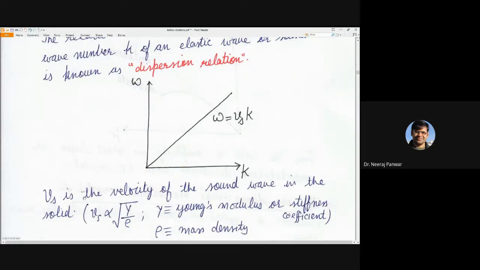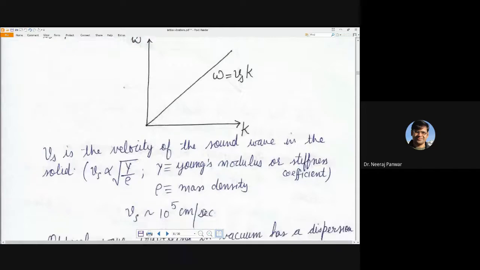So Vs is the velocity of sound wave in the solid, and Vs is proportional to under root Y divided by rho, where Y is the Young modulus or the stiffness coefficient, and rho is the mass density.